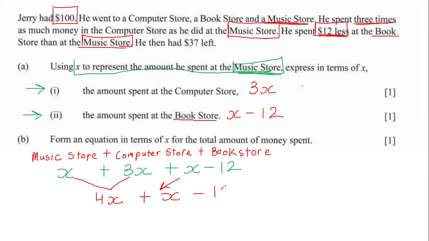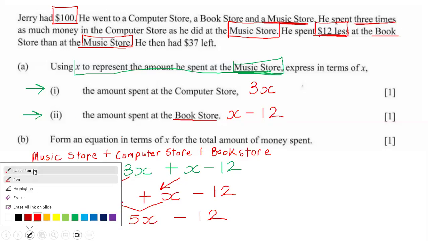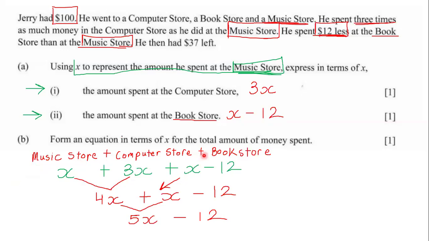So it's going to be 5X minus 12. Now they say this is the formula equation in terms of X for the total amount spent.